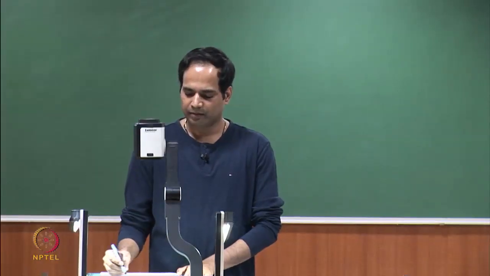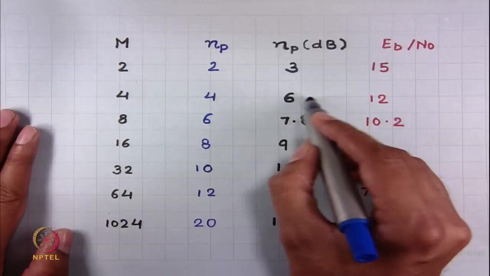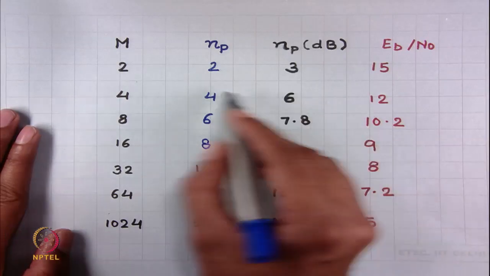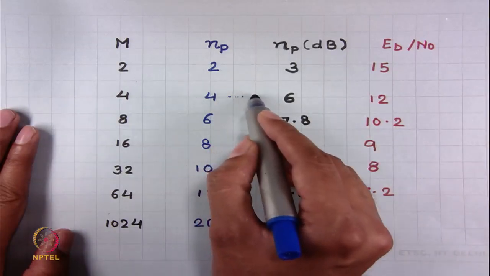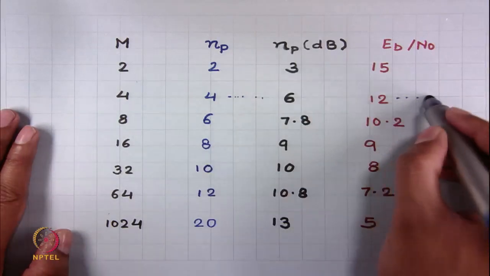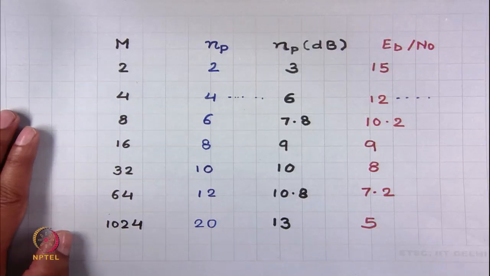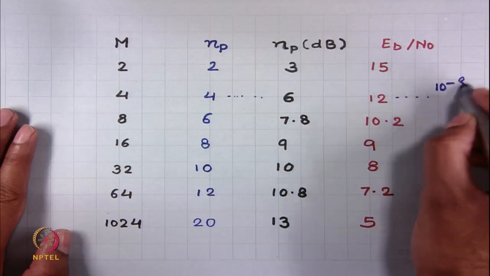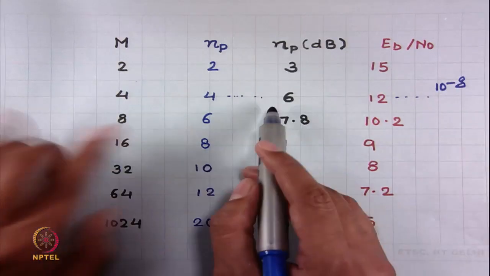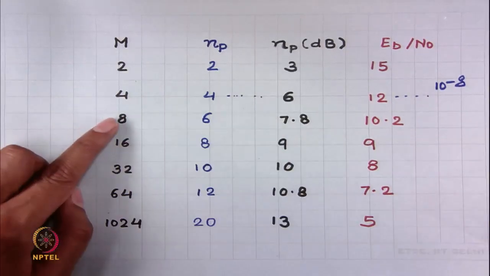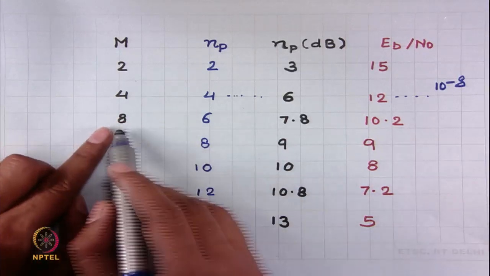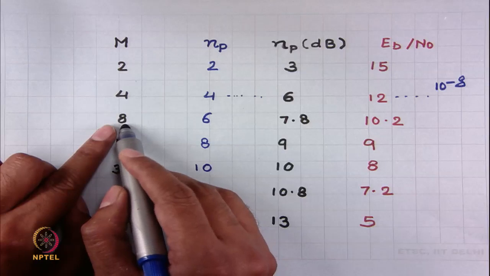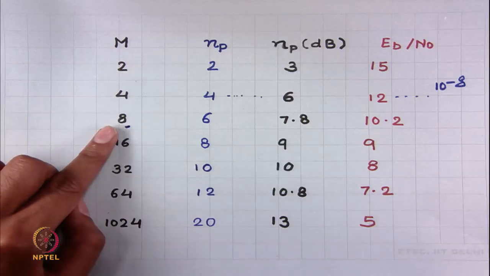For example, we have seen that in case the power efficiency was 4, the Eb/N0 requirement was 12 dB at a bit error rate of 10 to the power minus 8. So, now I can easily calculate the Eb/N0 requirement if my orthogonal modulation is 8-ary orthogonal modulation.